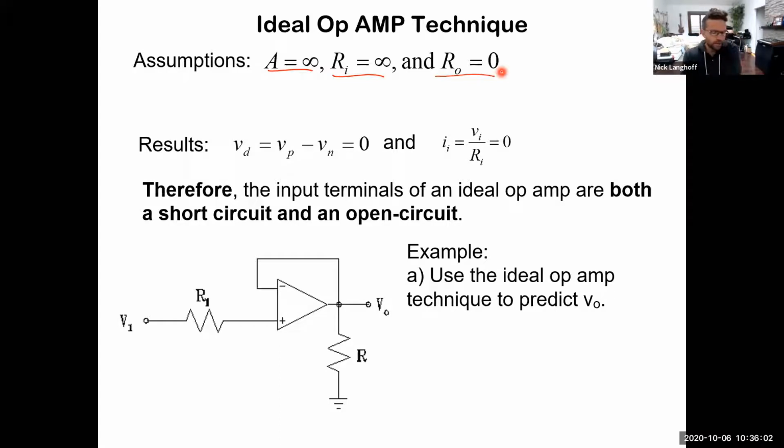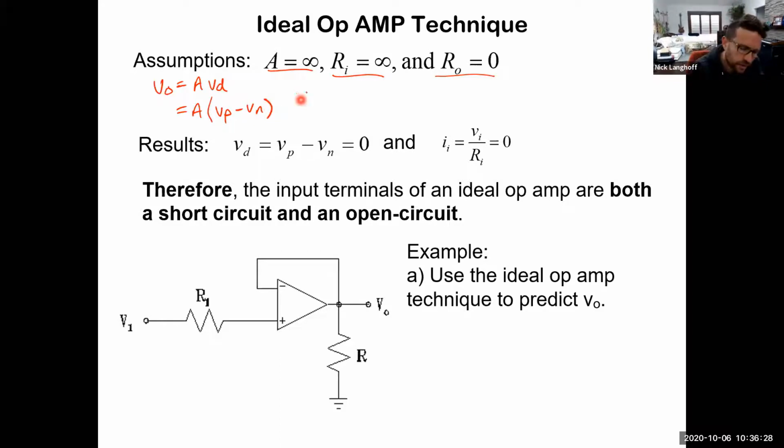If we're doing that, and as we saw on the last slide, the output voltage Vout is equal to A times VD, which is A times what VD, the differential voltage, is: VP minus VN. It's the difference between the non-inverting and inverting terminals.